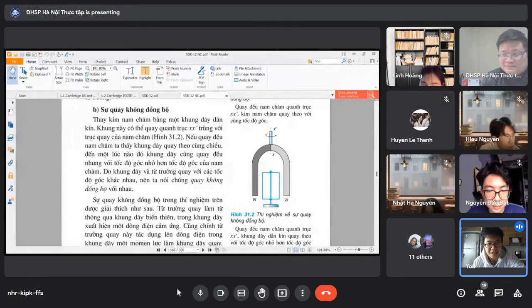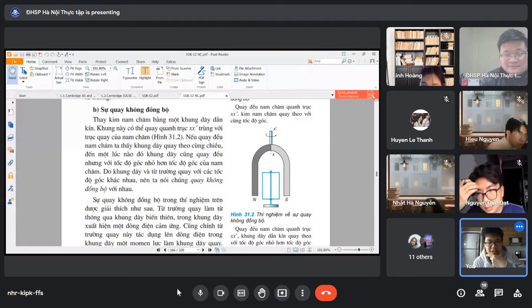After reading, if we rotate the U magnet, the rectangle coil also rotates, but after rotating for a time, the rectangle coil will rotate slower than the U magnet.